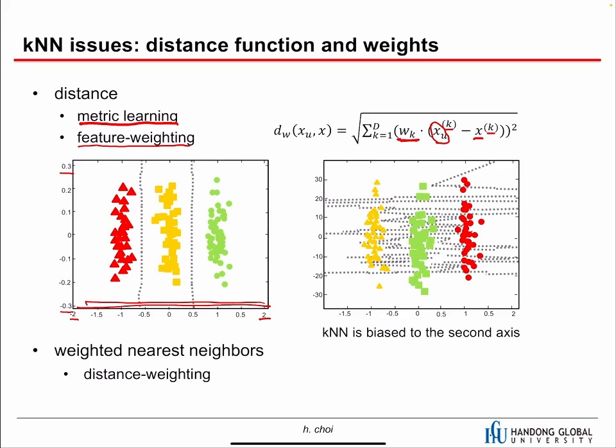But what if the other one is dominant? This one goes from minus 30 to 30, and this one goes from minus 1.5 to 2. Then when we calculate the distance, this one looks closer to this one rather than this one, right? Because the distance between these two is almost 0.5, and the distance between these two is almost 5. So it looks like this one is closer to this one, but actually it is close to this one.